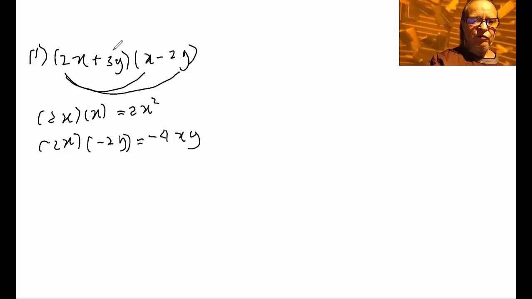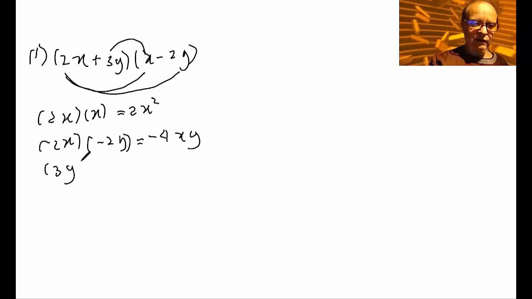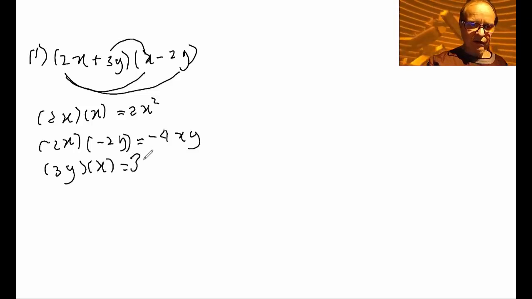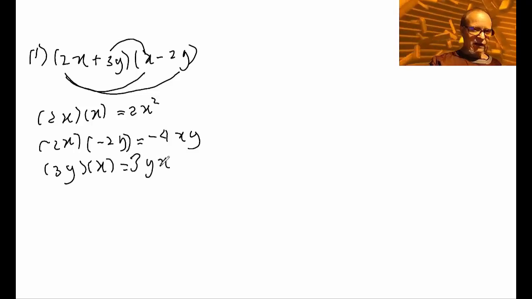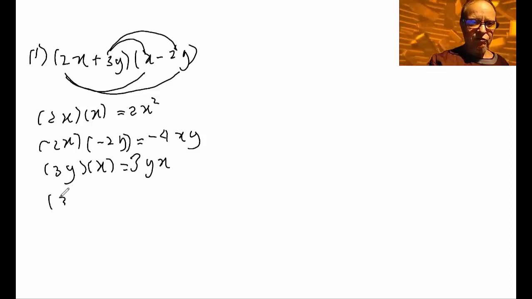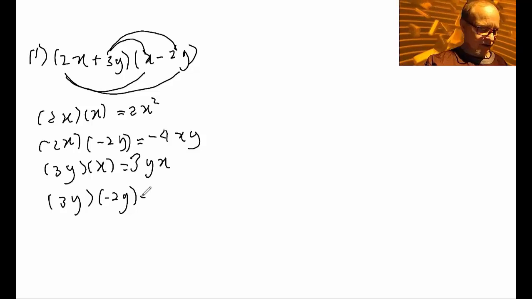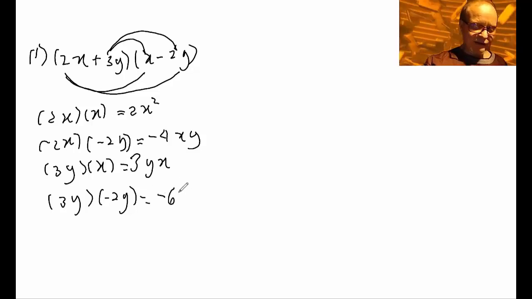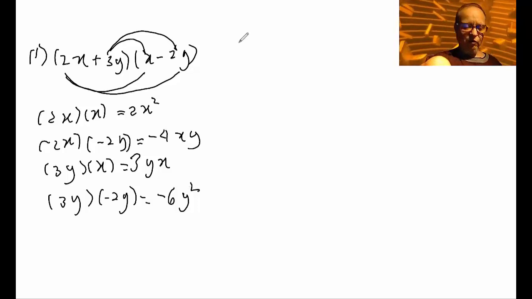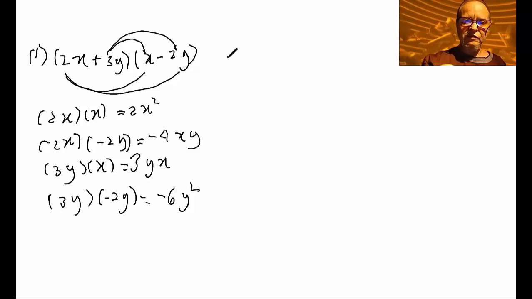And then we do 3y times x is equal to 3yx. And then finally 3y times negative 2y is equal to negative 6y squared. And as before, we're going to write them all out and collect common terms.